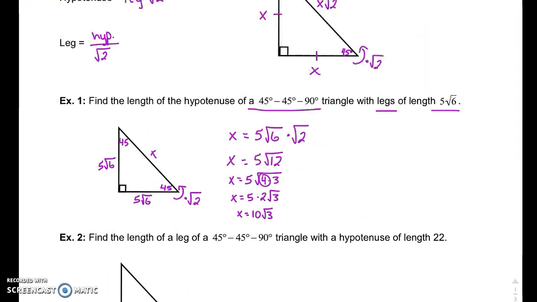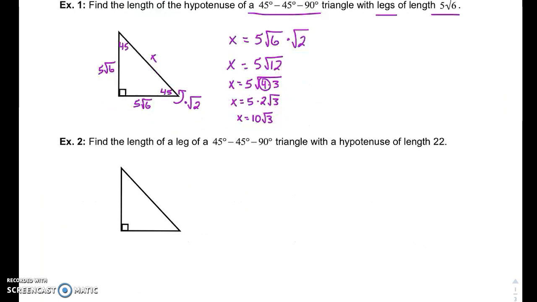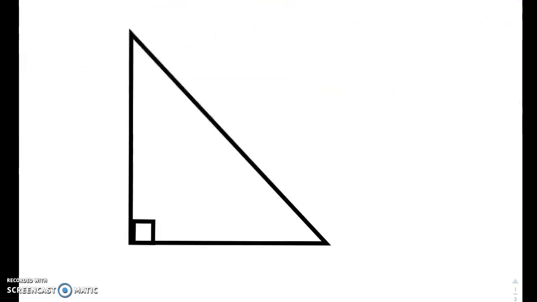Okay? Alright. This next one, number 2, says find the length of a leg in a 45-45-90 with the hypotenuse of 22. So the hypotenuse is 22. We know this is 45-45, so it's an isosceles.